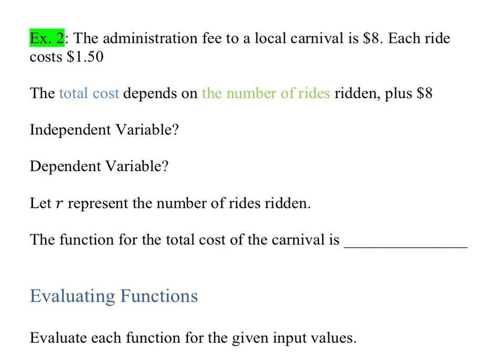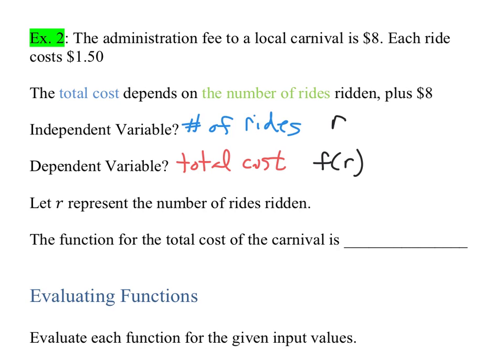So what is your independent variable? Your independent variable is your number of rides. Your dependent variable is total cost. So we're going to let R represent the number of rides, and then total cost is going to be f of R, because that's our y, that's our output.